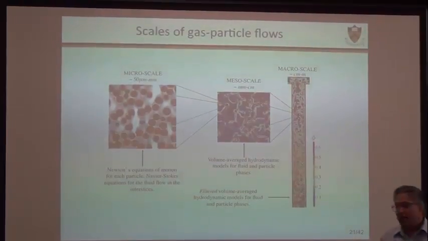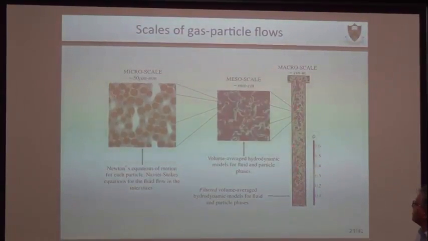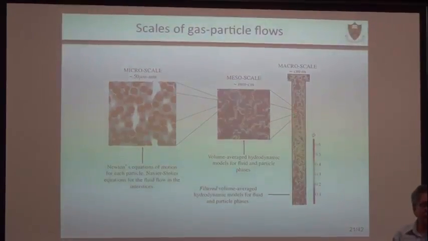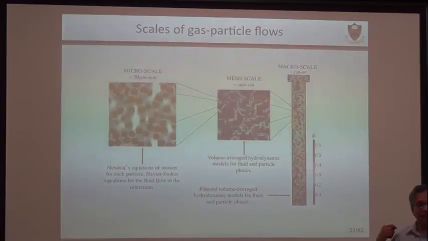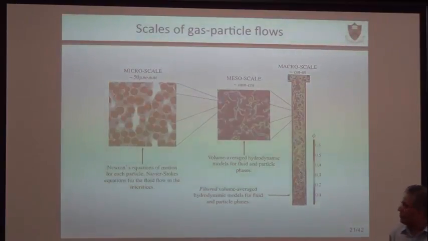So with all this background, what I am trying to tell you is that this is your real reactor. Whatever I do in a transient flow simulation, I'm going to put in a finite size grid. If I blow it up, I'm going to see fine structure underneath that I'm not going to see otherwise. If I blow it up further, I'll see some particles, and even further, some small region there.